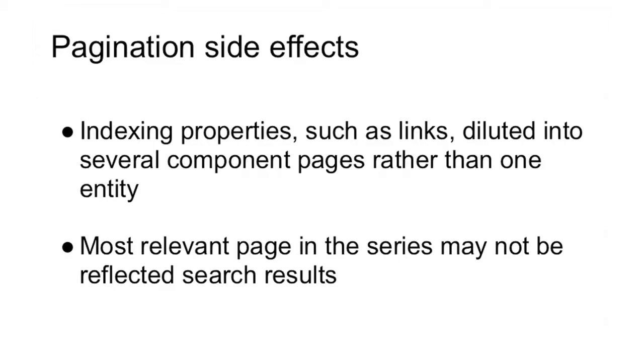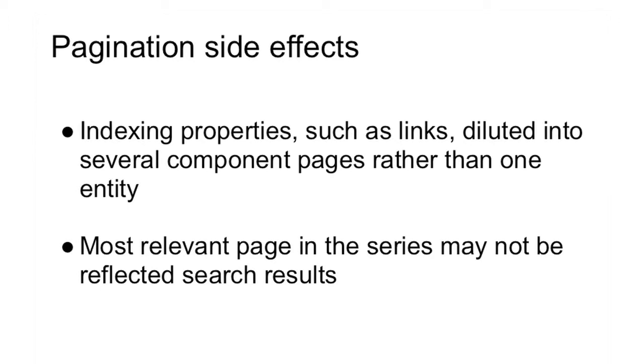Now, what are some of the negative side effects of this? Well, there's a couple. So I'd like to highlight 2. The first being that indexing properties like links and anchor text can be diluted into the different component URLs rather than being consolidated to the one article or to the one product category. So that's one of the negative side effects.